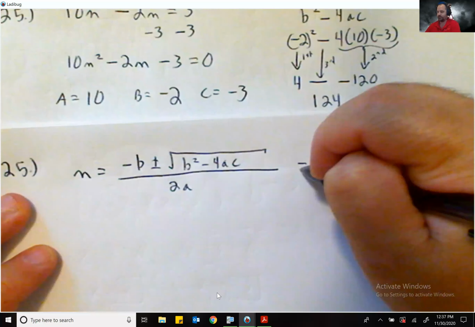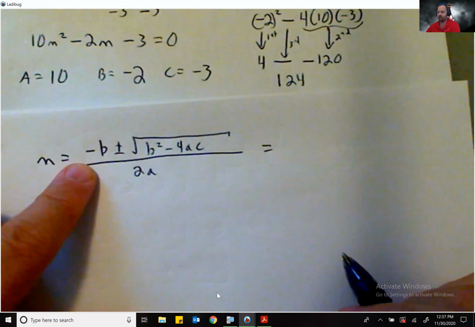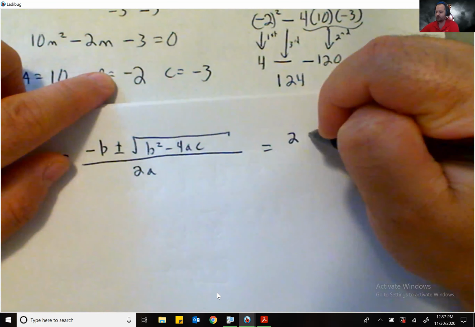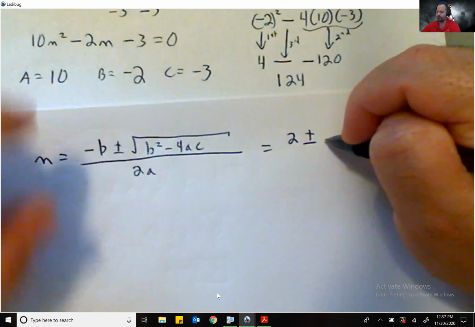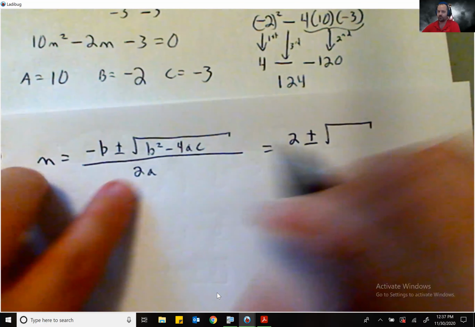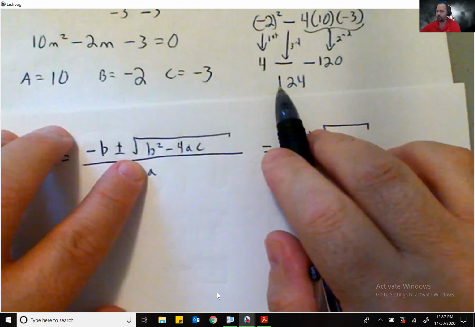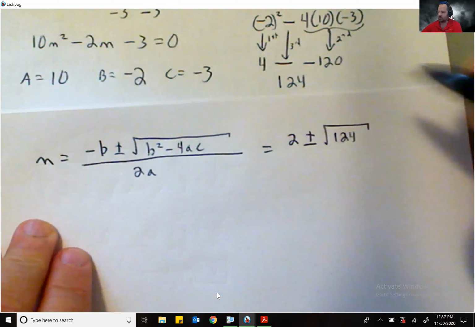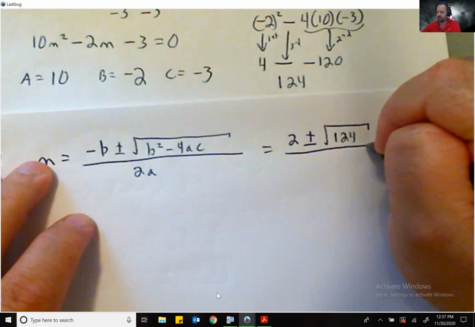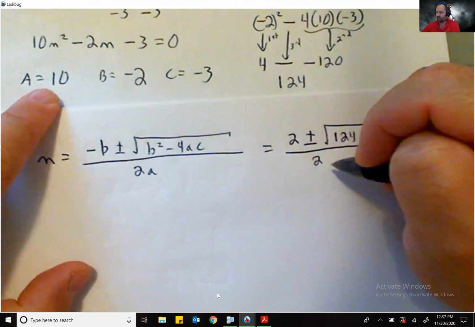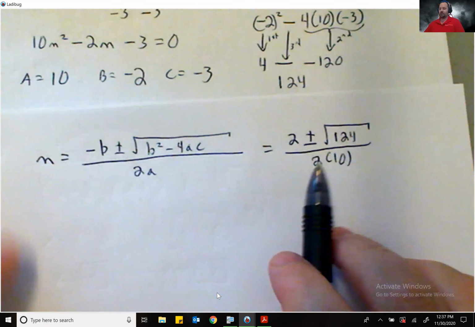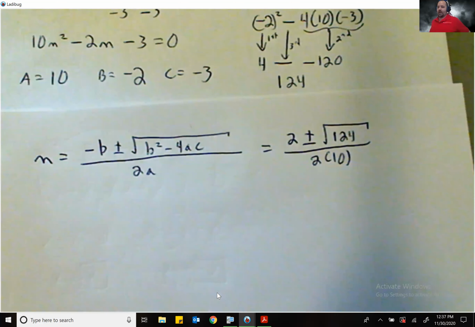So I fill in. The opposite of b, so the opposite of -2 is +2, plus or minus the square root of, we already know what this number is. It's right there. It's 124. And then this is all over 2 times our a, which is 10. Much easier to deal with this than worrying about every single number that we had.